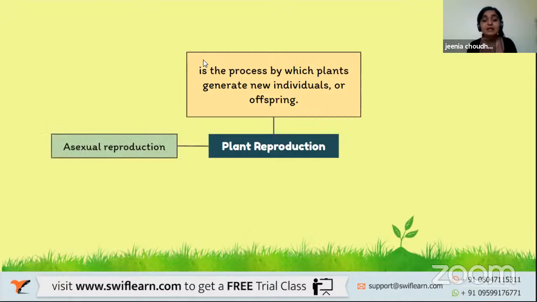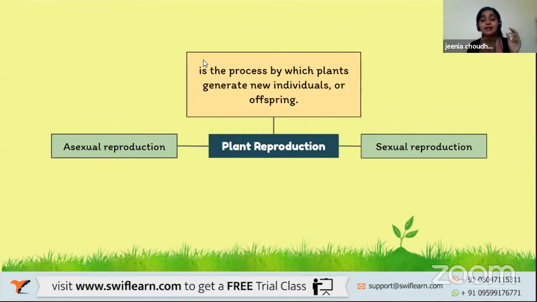Moving further, there is asexual reproduction and there is sexual reproduction. So that means a plant has two types of things happening. There can be sexual reproduction happening, where two separate individuals are involved in the same way.